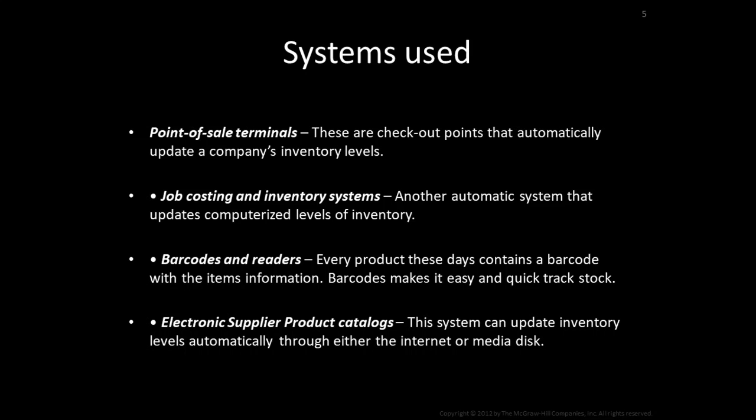Then barcodes and readers, different types of barcode readers, which are easily able to go down to the level of a stock keeping unit, or SKU, and track the product information. An SKU or a barcode has a lot of information about the product. It has the product name, the product code, the product description, the color of the product, the size of the product, anything.